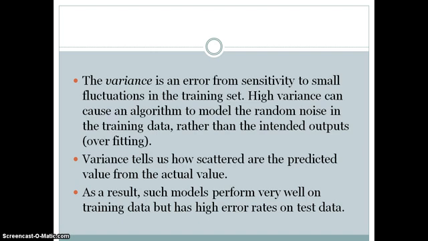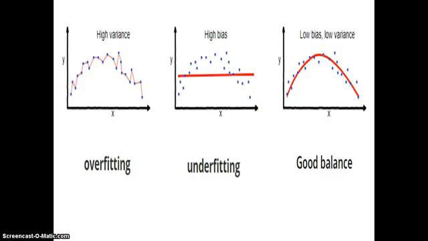So what is the basic difference? Bias tells how far the values are from the actual values, and variance tells how the data is scattered from the actual value. High variance, as I told you before, will cause overfitting. High bias will cause underfitting, and low bias and low variance will cause a good balance in the algorithm.